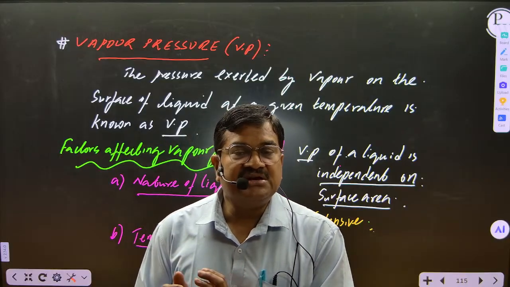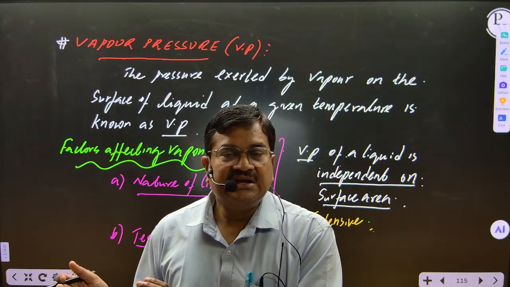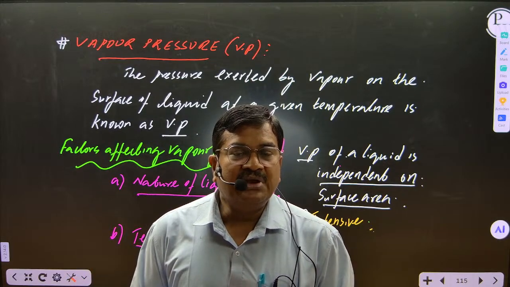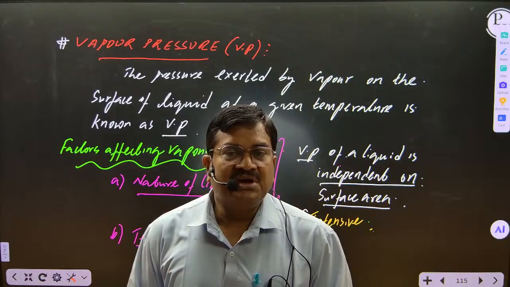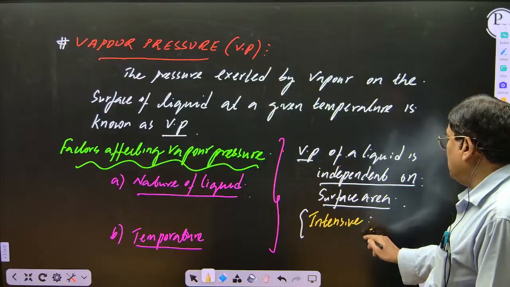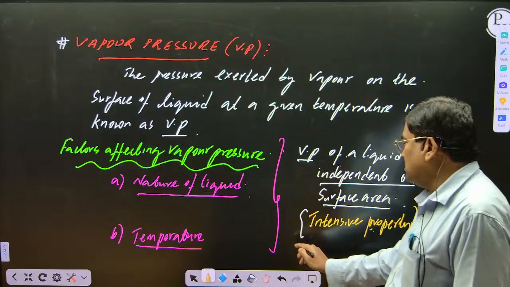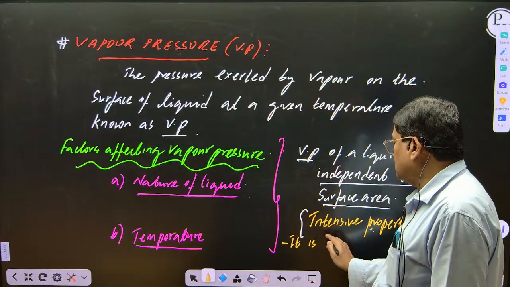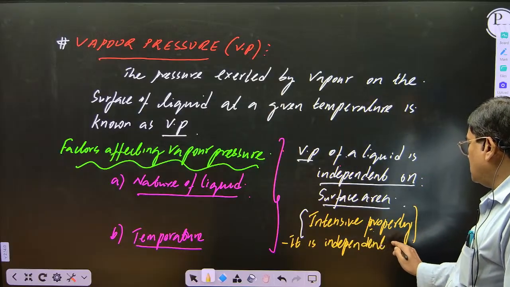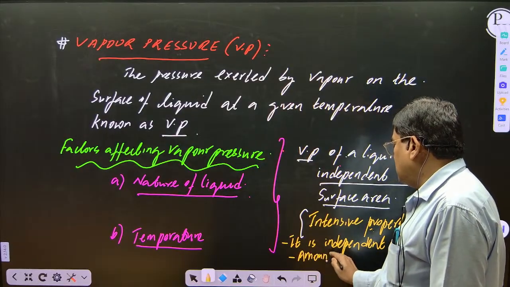So in exam they ask conceptually: when the same liquid, 5 liter, is taken in a cylindrical vessel and a rectangular vessel, whose vapor pressure will be more? In both cases the vapor pressure comes the same. Why? Because it is what property? Intensive property. So here make a note, it is independent of amount of liquid, how much amount you are taking, as well as what?